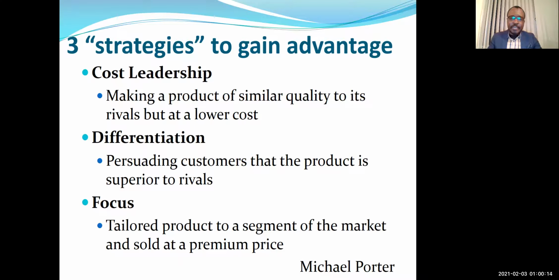For cost leadership, make a product of similar quality to your rivals, but at a lower cost. So we are leveraging on cost. All right. Differentiation, I persuade my customers that my product is superior to that of my rivals. So mine is exceptional. Focus, I tailor my products to a segment of the market and sell them at a premium price. That is focus.